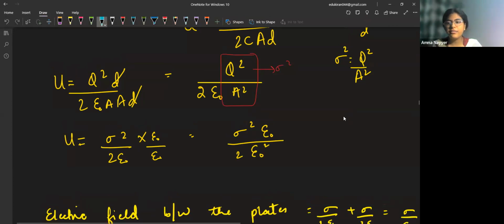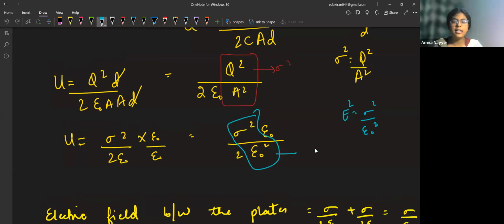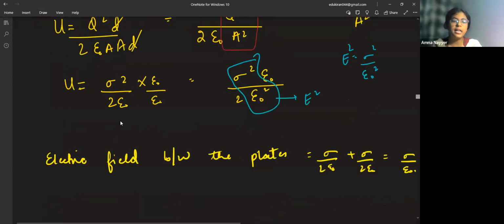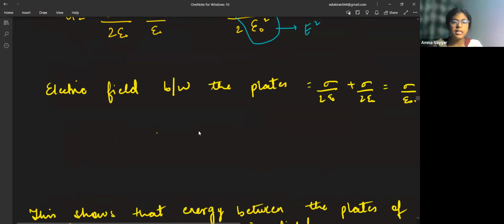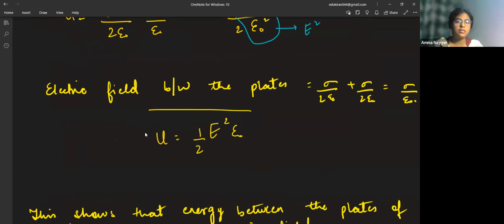So if the electric field between both the plates is sigma by epsilon naught, the electric field square will become sigma square by epsilon naught square. So this term I can write as electric field square, right? So your final answer, the energy density, becomes half epsilon naught E square, instead of sigma square by epsilon naught square into epsilon naught.